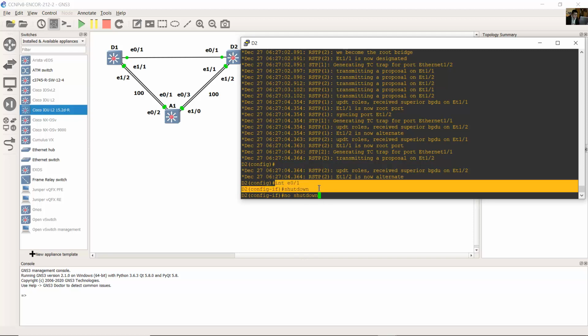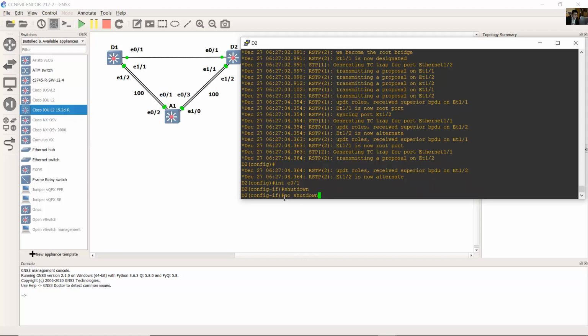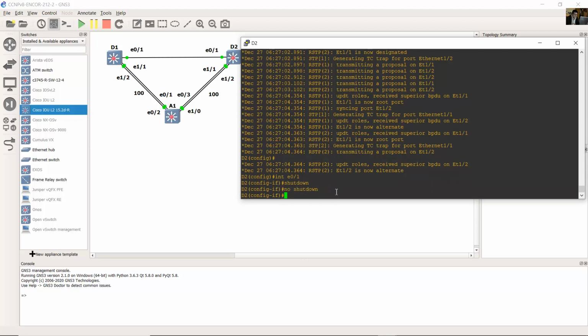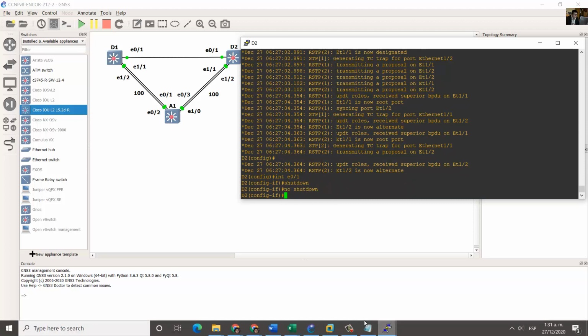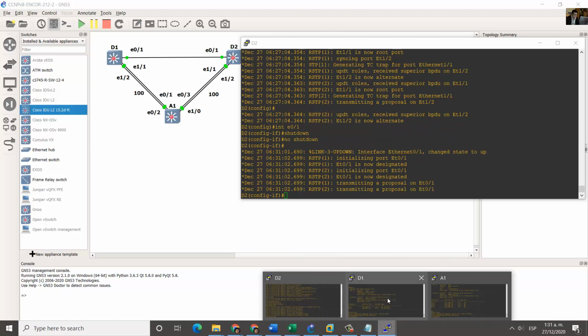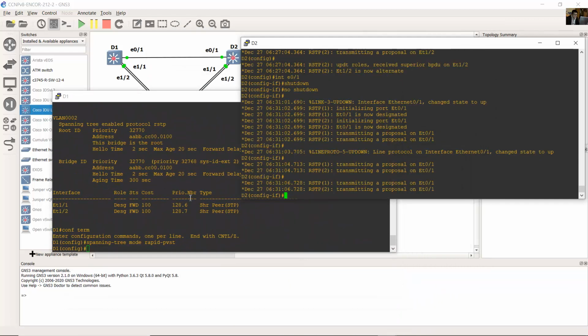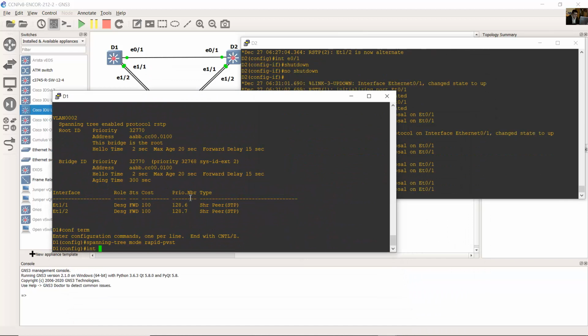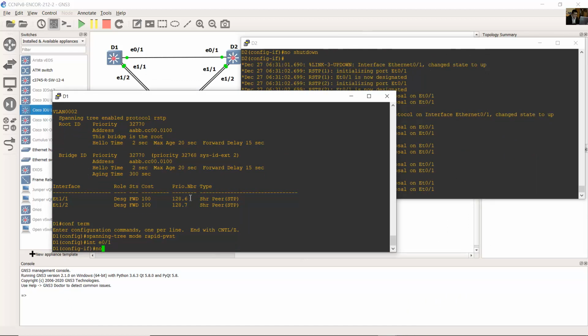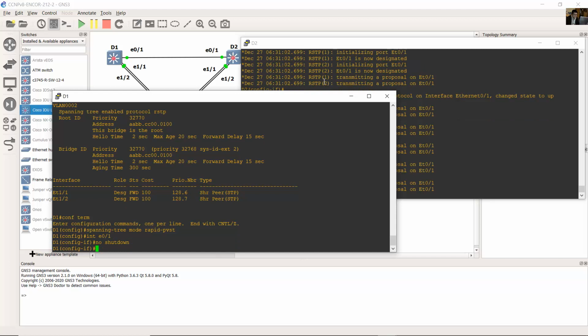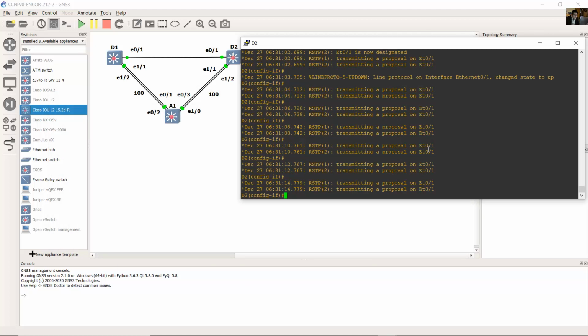Remember, Ethernet 01 was previously shut down and now it is no shutdown. And go to D1, the other side. Also use interface Ethernet 01, no shutdown.